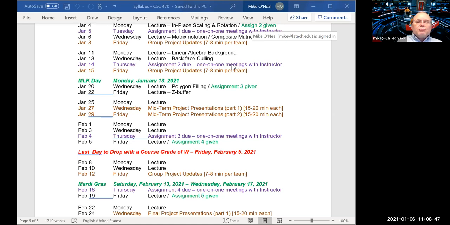But assignment 3 and 4 are the more difficult ones. So basically what happened is assignment 3 used to be due right here on the 28th of January, sandwiched right between the project midpoint presentations.